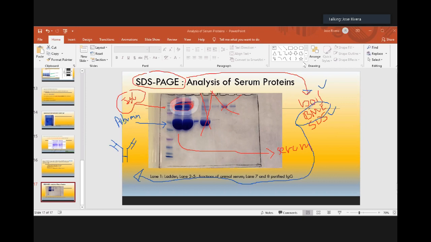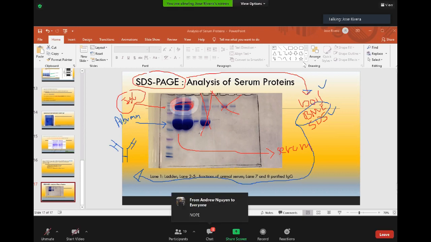So what could have happened to BME? Let's say they didn't forget to add it, so maybe they added very little. BME is kind of smelly. It smells like skunk. Can you guys ever smell BME? No. One thing about BME that I never told the students is that BME has a shelf life.